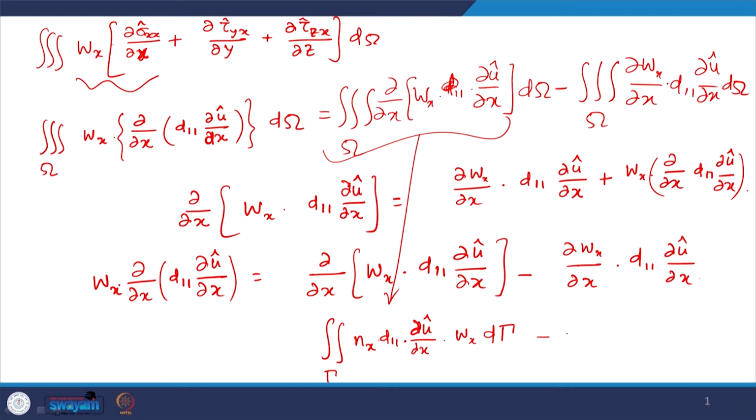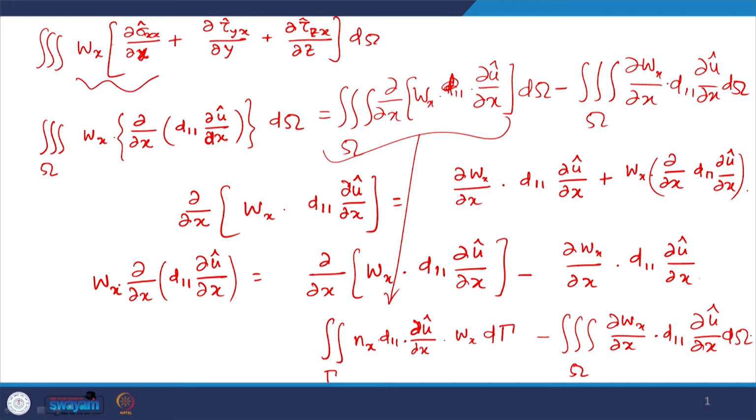It is a domain integral of del W x over del x d 1 1 del u hat over del x d omega.